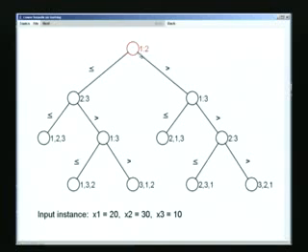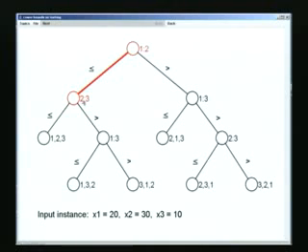At the root, we compare x1 with x2. In general, if the label is i:j, we compare xi with xj. When we compare x1, which is 20, with x2, which is 30, we discover that x1 is smaller. So we follow this branch and we arrive at this node.